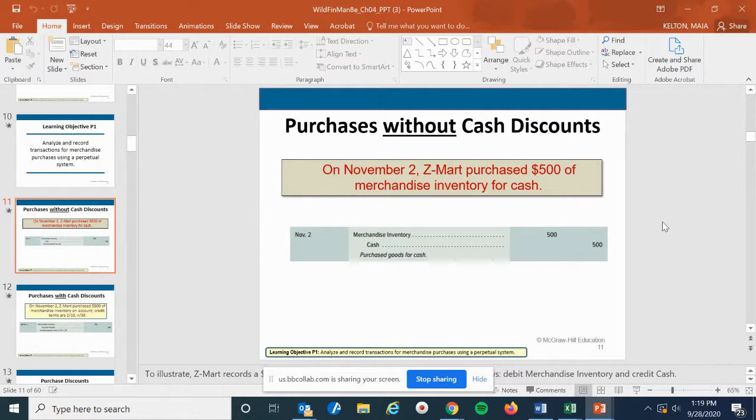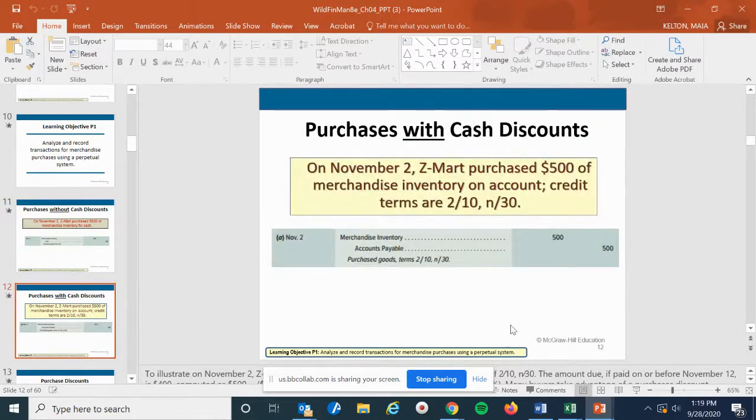We call that a cash discount. There may be a discount offered to a merchandiser that buys inventory on account, and the discount is offered for early payment. Whatever the discount is, it would reduce the amount the merchandiser finally pays.